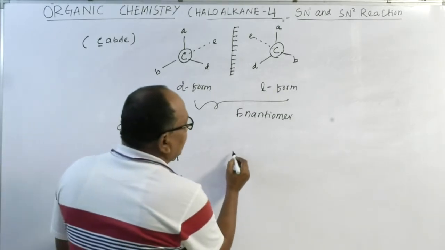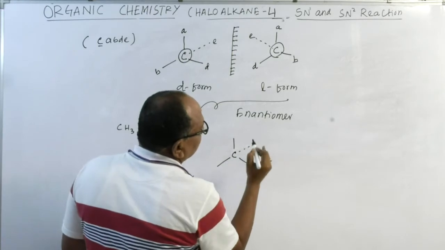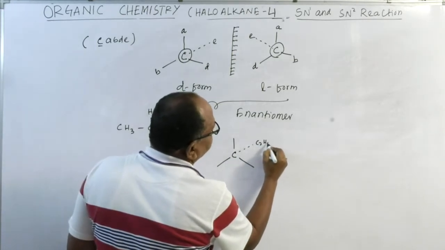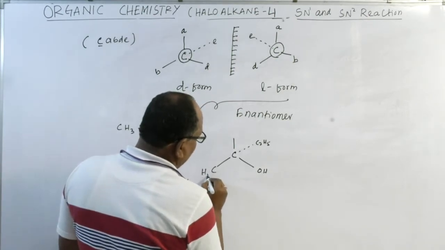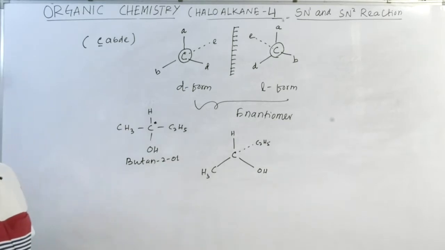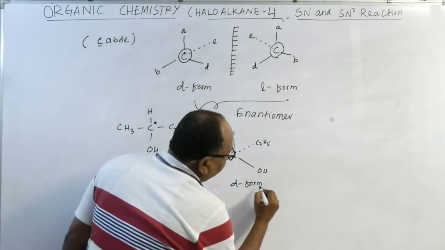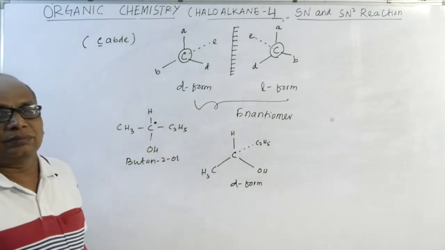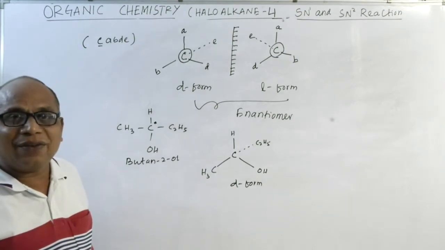So when you say this tetrahedral structure, that is C2H5. Suppose this is your OH group, this is your CH3 group, this is your H. If it is the D form, what will be its L form?